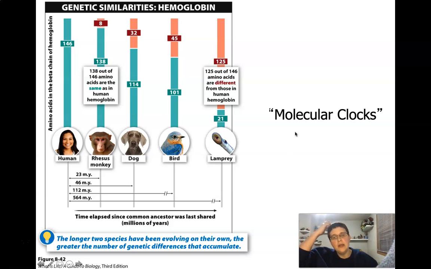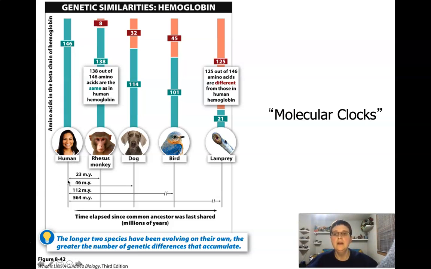And then we have what we call molecular clocks. DNA is going to mutate at a fairly regular rate. And so this allows us to estimate how long it's been since we had a common ancestor based on the number of differences.